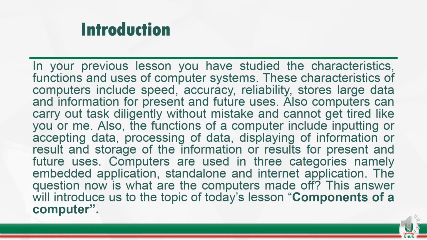We also discussed that computers carry out their tasks diligently without making mistakes and they cannot get tired. Also, the functions we discussed are that computers accept data, process data, and display the data for us to use in solving our problems as information.